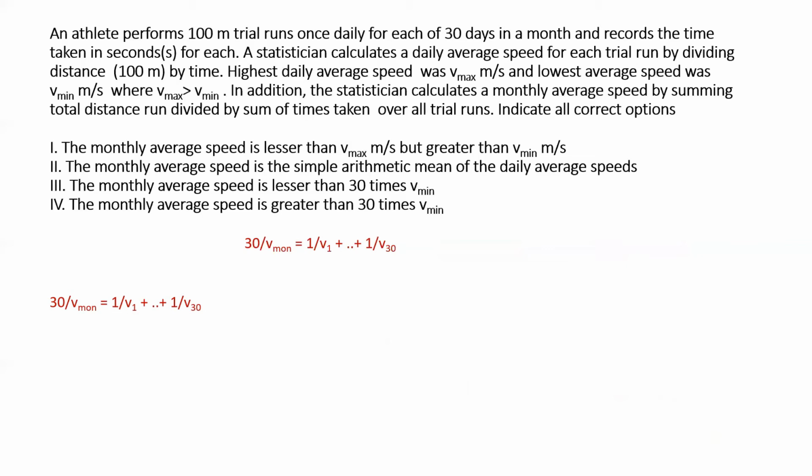So we know that Vmax is the maximum value that any one of those V's can take. And if we replace each of those V's by Vmax, by the maximum value that that particular V can possibly take, then we are basically maximizing each denominator in that sum of the reciprocals.